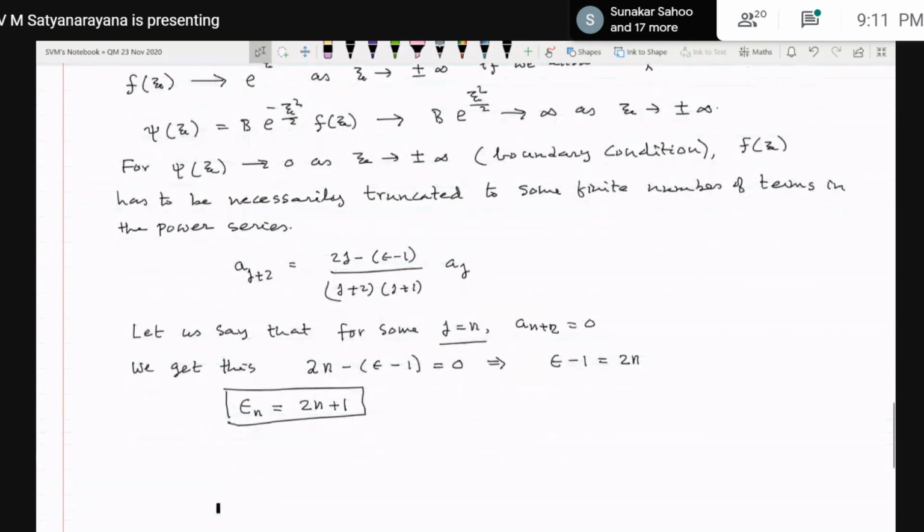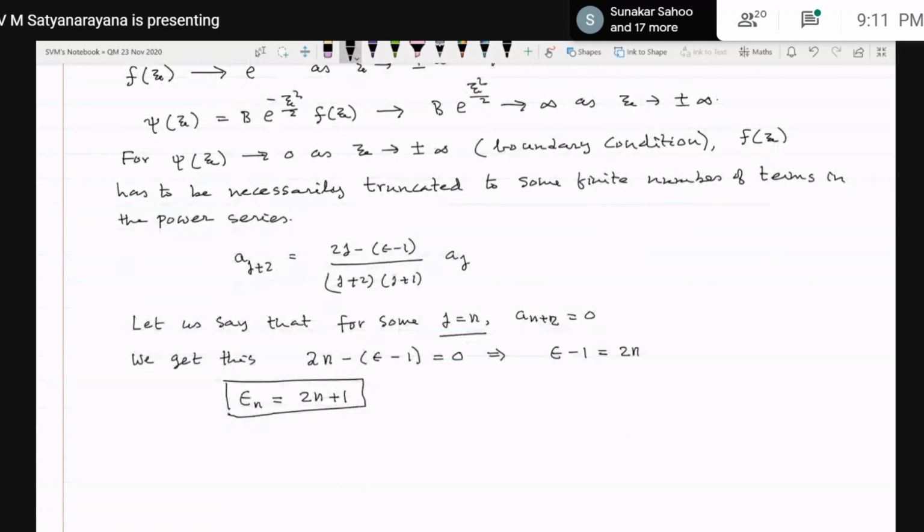Now you can see that, remember, your epsilon n is actually your En divided by E0, and we have already written what E0 is earlier.